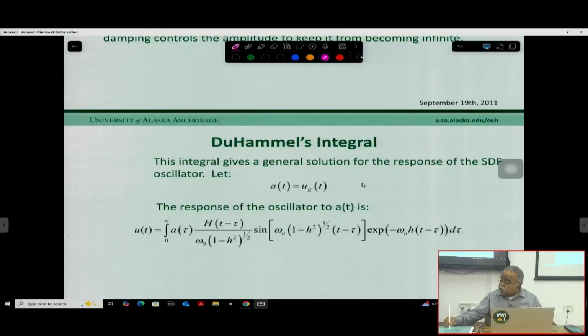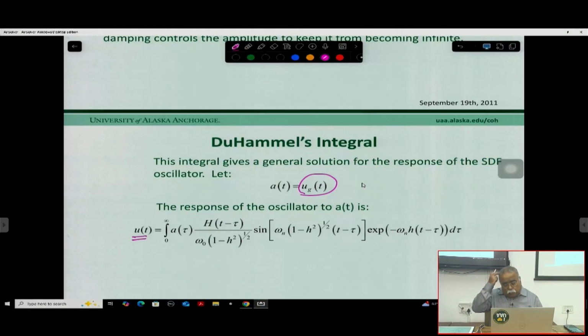We have seen the peak value U0 and calculated the numbers, but we would like to understand, for any ground acceleration, how the building will respond in that case, right?